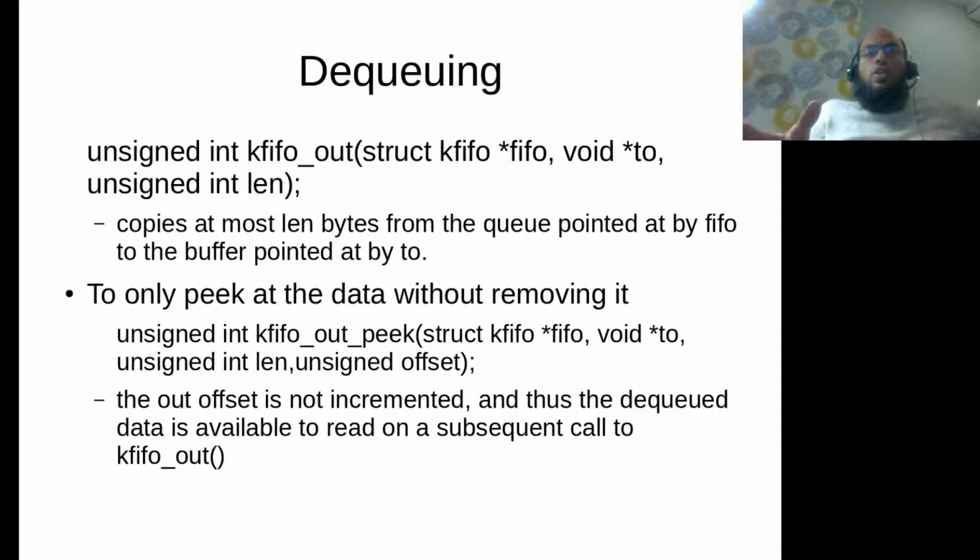You're just going to read that amount of data so that you know where the data is, and the out offset is not incremented. It's a way to take a look at the data without having anything changed in the queue, and then a subsequent call to kfifo_out will return you the data.